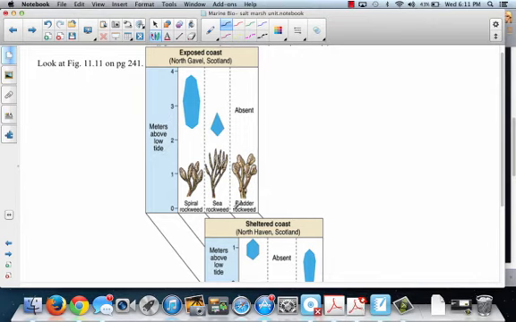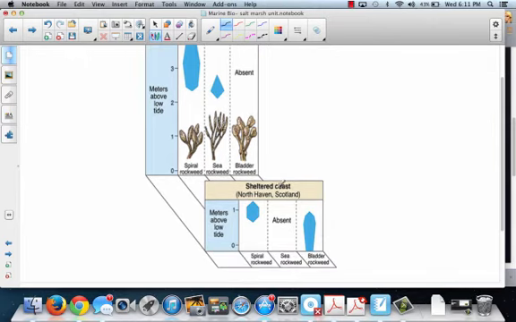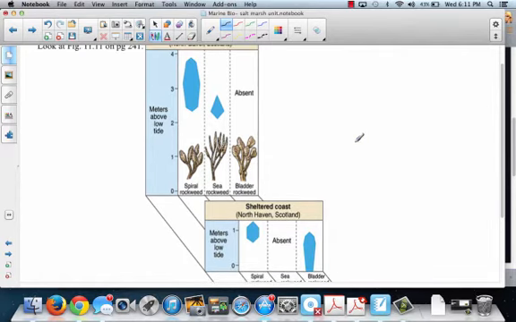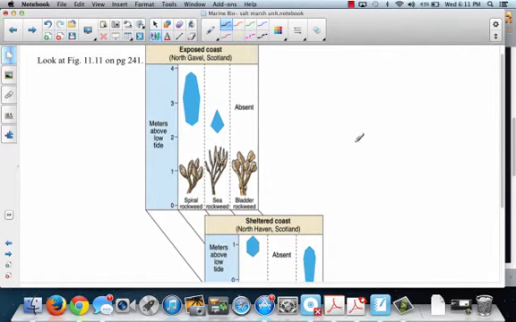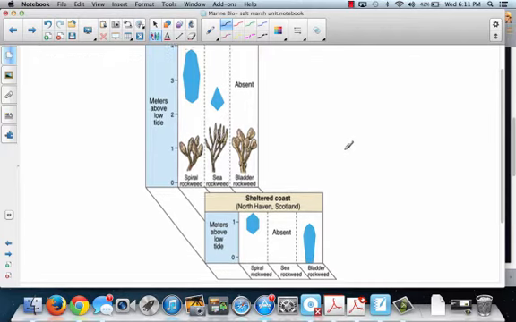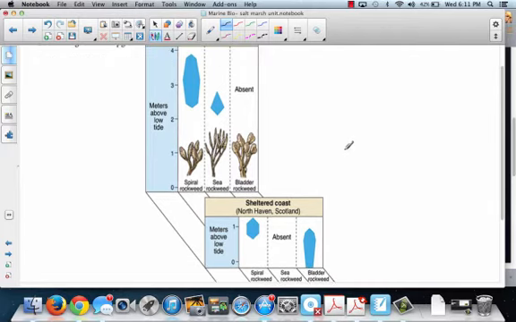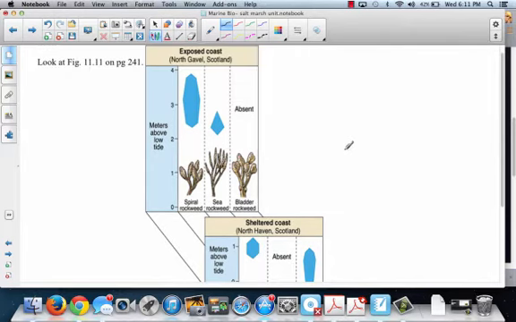So how many meters does it survive? And then here you have a sheltered coast, and how many meters? So I just want you to make your inference based off of this. We'll go over it in class, but I want you to look at this figure, and look at the exposed coast and sheltered coast and how many meters it can stay above the shoreline.